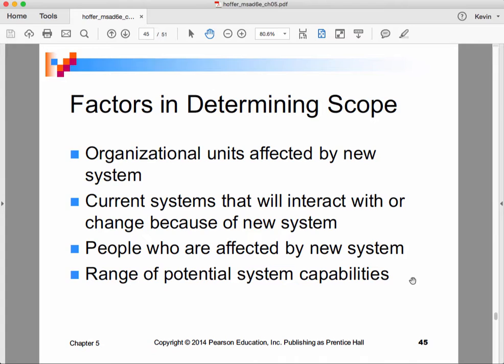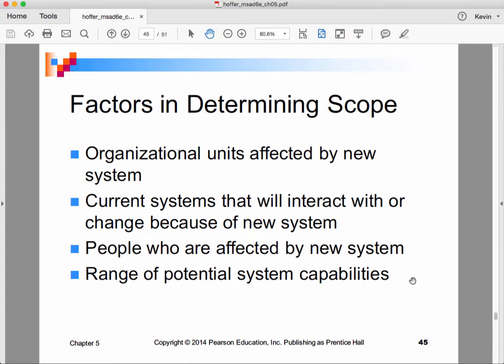So when dealing with the scope of a project, the planners, who include systems analysts, face the challenge of not winding up too small or too big. It's sort of like Goldilocks and the Three Bears. What they need to do is pick a scope that is just right.